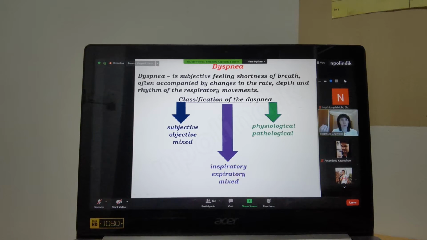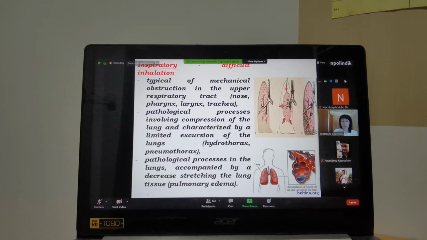According to whether inspiration or expiration is difficult, or both, we have different causes of dyspnea. Look, about inspiration, one of the mechanisms is when it is difficult for lung tissue to be extended.